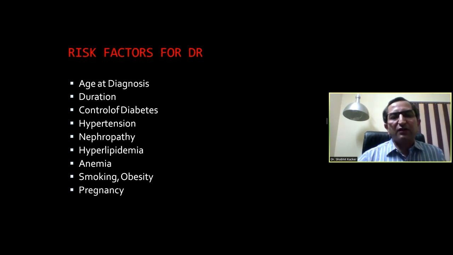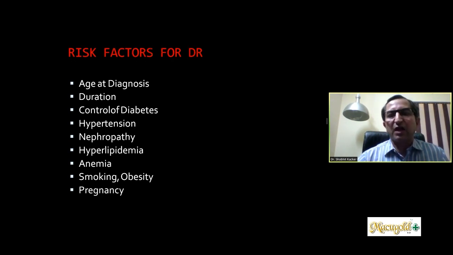Poorly controlled patients have a higher chance. If there is coexisting hypertension, involvement of the kidneys, hyperlipidemia, presence of low hemoglobin levels, then definitely the chances of retinopathy are greater and the progression is also faster. And if the patient is a smoker, is having obesity, or there is presence of pregnancy, then because of hormonal changes, the diabetic retinopathy occurs earlier.